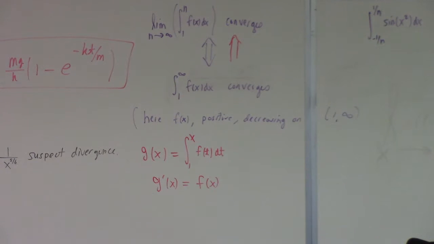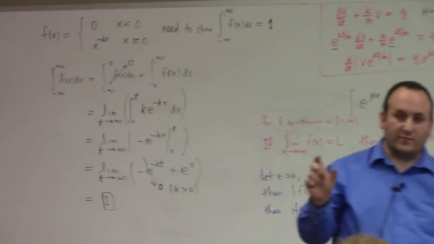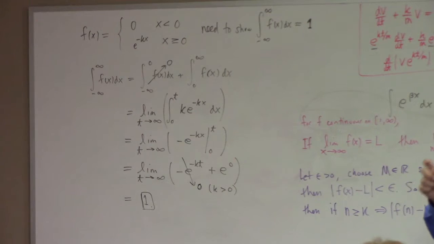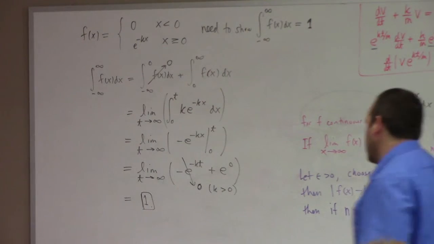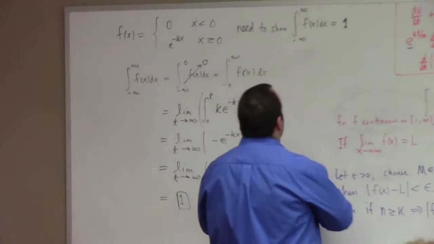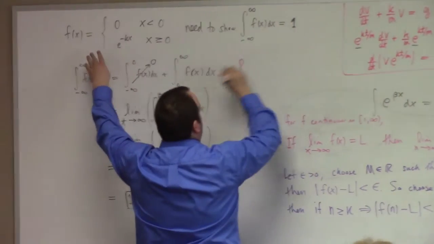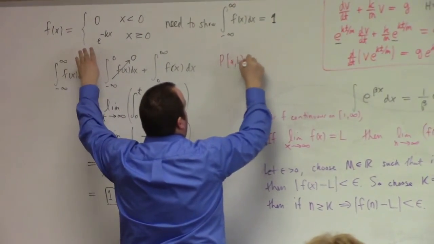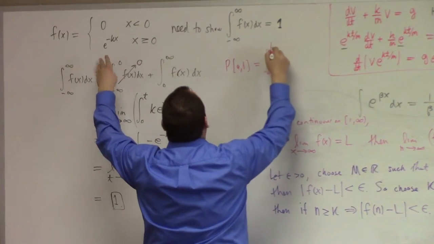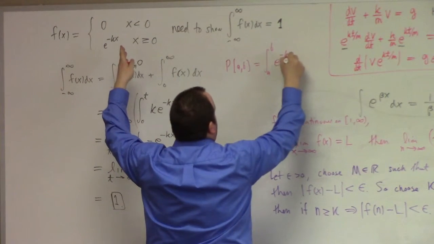Yeah. So with the problem there on the left, the fact that the limit goes to 1 constitutes that it's the probability function. Why is that? That's the definition of a probability distribution function. The area under the probability distribution function for a particular range of x illustrates the possibility that set x is exhibited in the system. So if you want the probability that for this system you go from, say, A to B, then you just integrate from A to B of e to the minus kx dx.